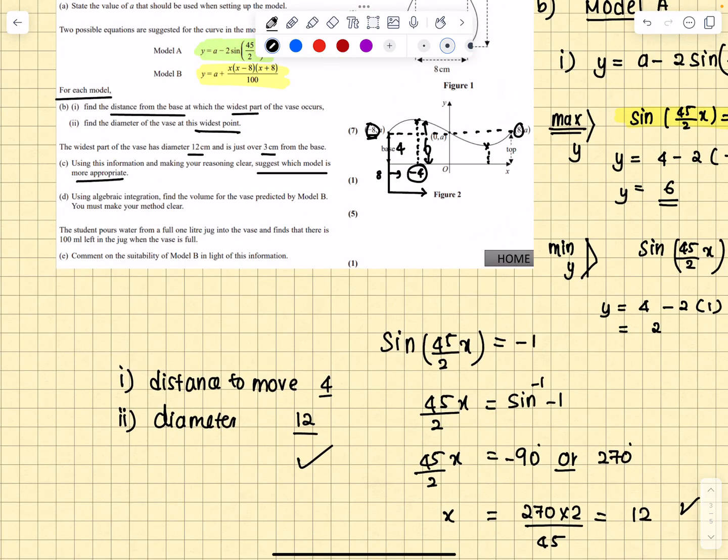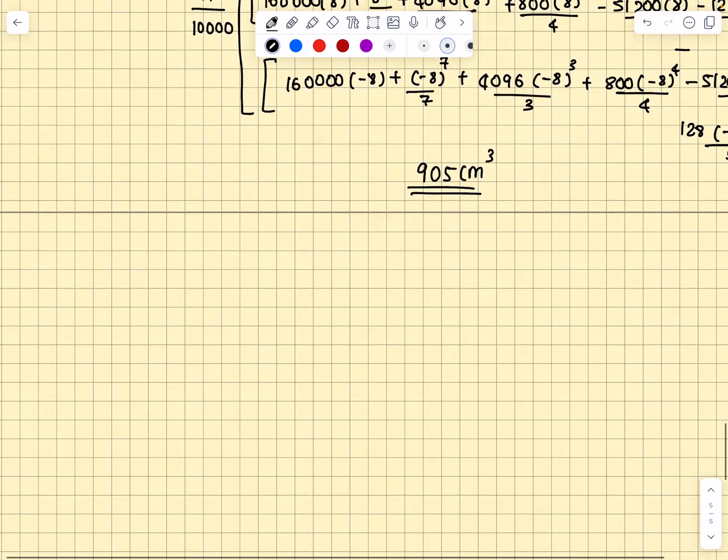The student pours water from a full 1 liter jug into the vase and finds there is 100 milliliters left in the jug when the vase is full. Comment on the suitability. So at the moment, we had about 900.